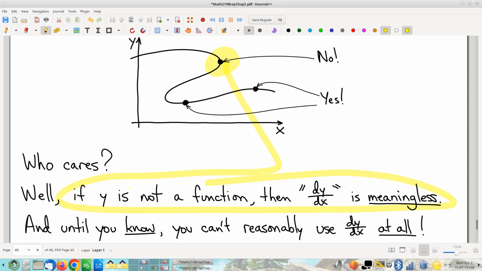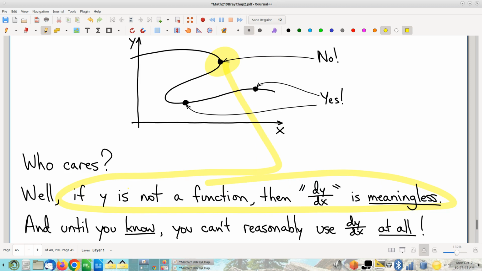And it's not. Y is not a function. Dy dx is notation representing taking a derivative of a function. If y is not a function, you can't take a derivative of it any more than you can take a derivative of a bicycle. It's not a function. We can't take derivatives of bicycles, and we can't take a derivative of y here either.